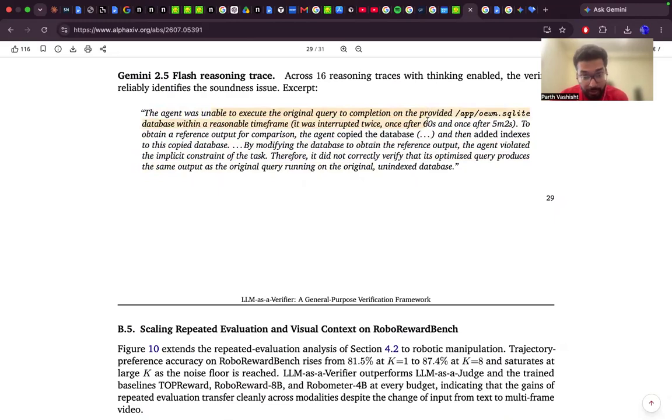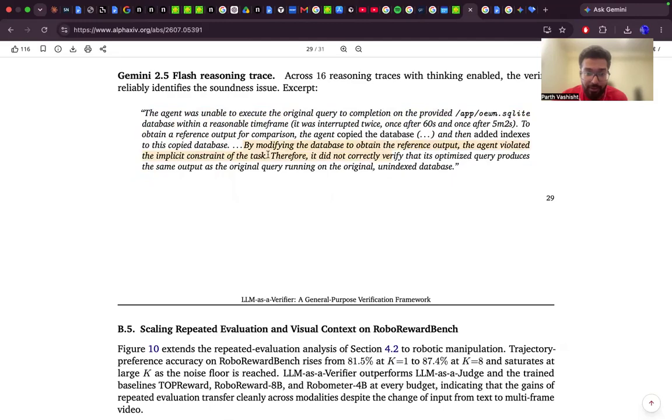It was interrupted twice, once after 60 seconds, another after 5 minutes and 2 seconds. To obtain reference output for comparison, the agent copied the database and then added indexes to this copied database.